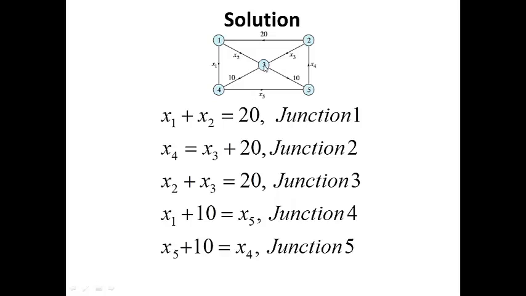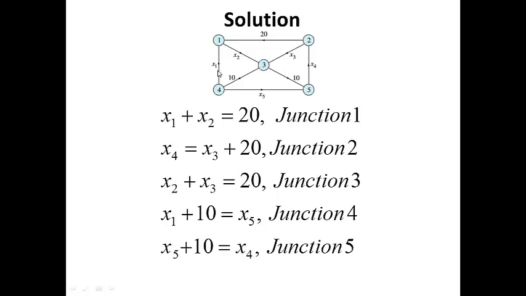Junction 3. The total flow into junction 3 is x2 plus x3 and the total flow out of junction 3 is 10 plus 10, which is 20. So we have x2 plus x3 equals 20. Junction 4.